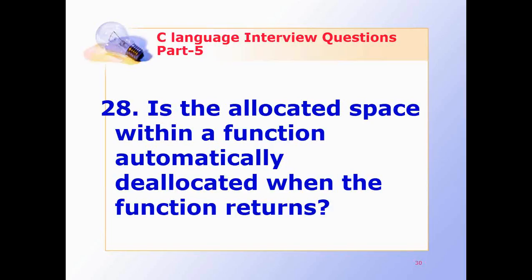But in the case of a local pointer variable, deallocation means that the pointer is deallocated and not the block of memory allocated to it. Memory dynamically allocated always persists until the allocation is freed or the program terminates.